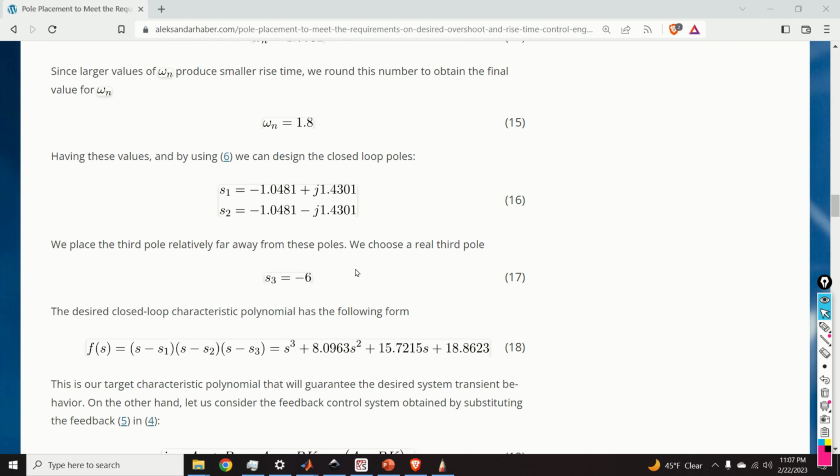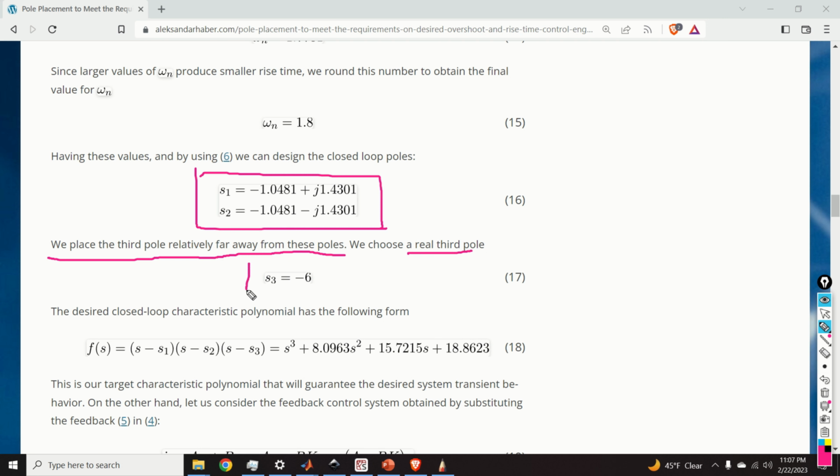That is, that guarantee the desired values of rise time and overshoot. And these are the poles. We place the third pole relatively far away from these poles. We choose a real third pole in order to specify and to simplify our design.